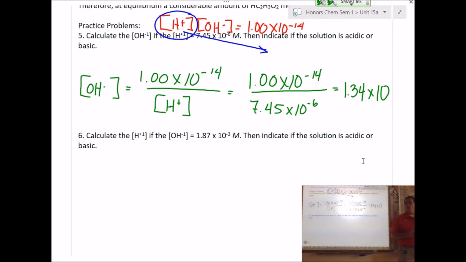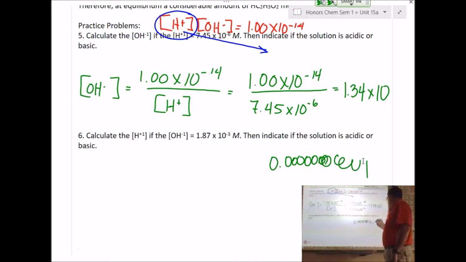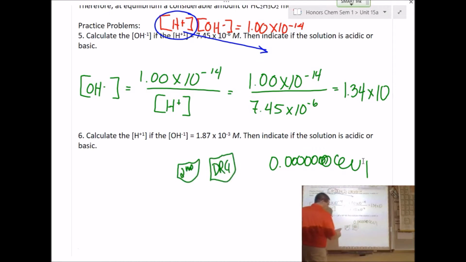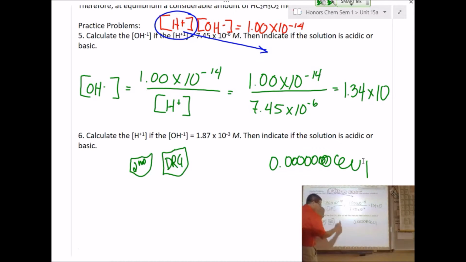Now I want to make sure everybody can type this in. That's why I'm having you do it. Okay, so if you're getting something like this with a bunch of zeros and 1, if you have a TI, hit your second button, then I think it's DRG, and then there's an arrow button over on the side.